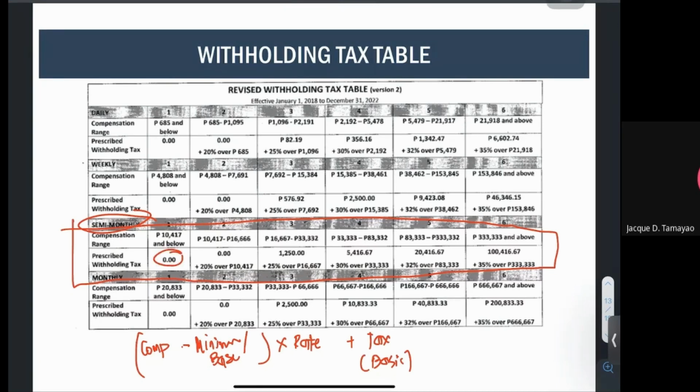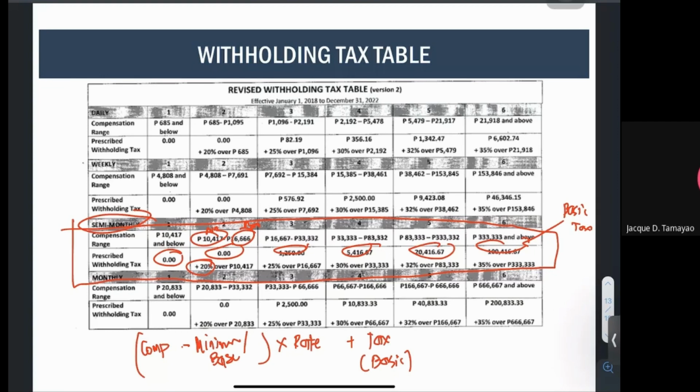If it's 10,417 up to 16,666, no basic tax. These amounts are known as basic tax. This amount is the minimum and this is the maximum. And of course, this is the rate. 20% over 10,417.